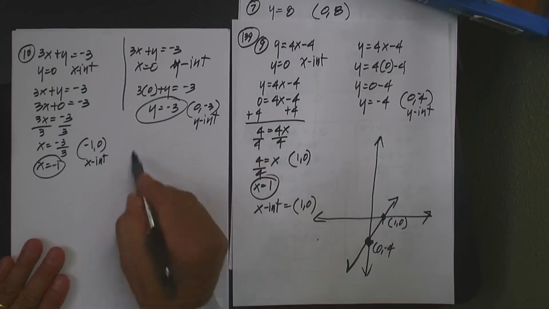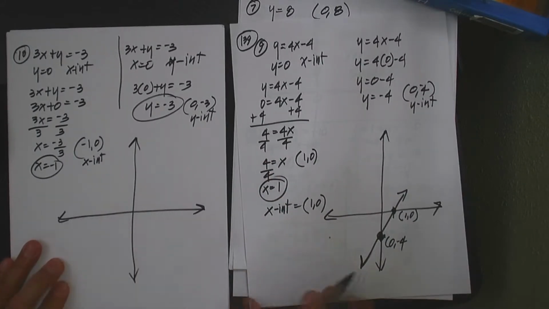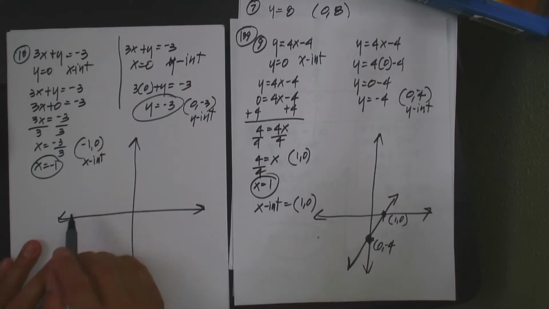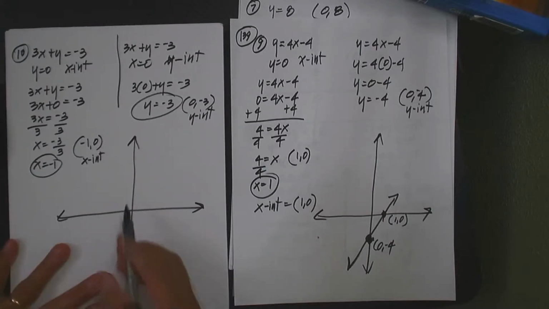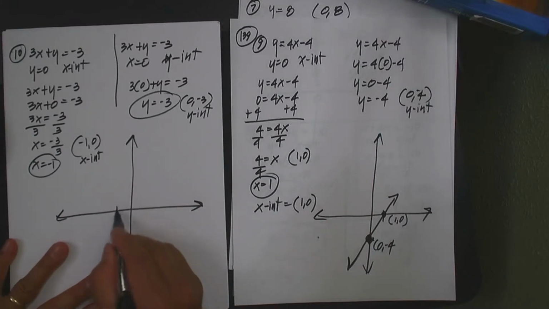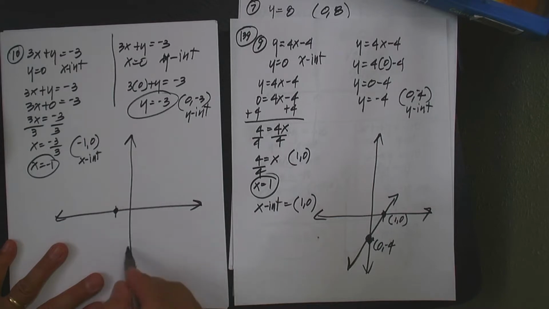Now, let's graph. Did they ask you for the slope? It did not ask you for the slope. They're just asking you for the x-intercept and the graph. So the one is negative 1, right there, and the other one is 0 and negative 3, 1, 2, 3.